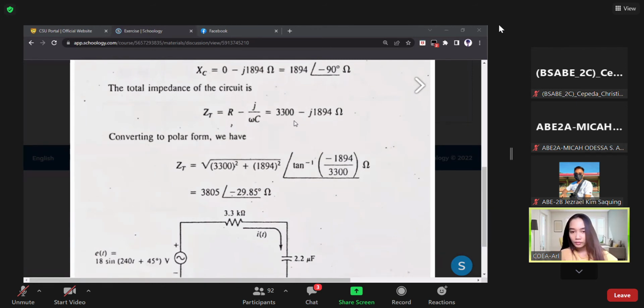This one. Kasi yung ginamit natin kanina is the Pythagorean theorem step, pero pwede nyo siya agad sa calculator in complex form. You just input 3,300 or the resistance part, minus J na siya. Bakit minus? Kasi nga capacitor yung nakaseries kay resistor, then the value of the capacitive reactance. So, kindly check kung pag input natin to, tapos kinonvert natin, shift 2, 3, parehas na ganito ba ang lalabas?